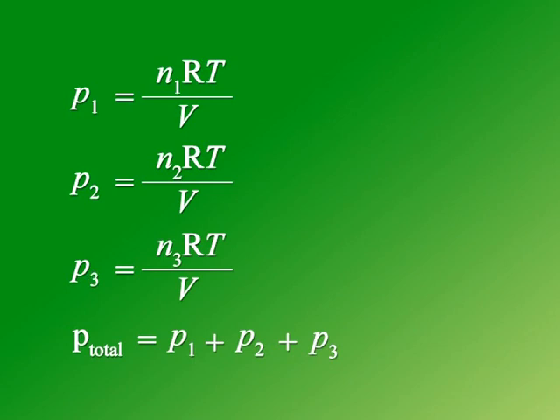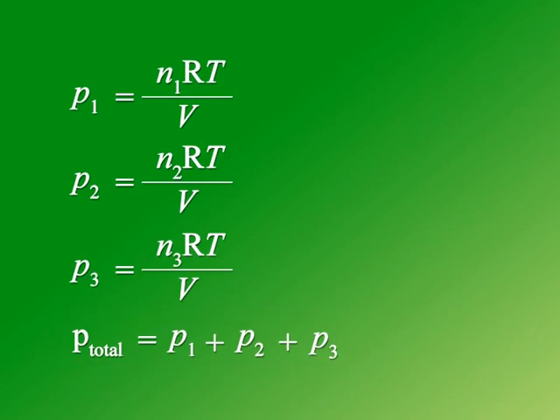According to the ideal gas equation, partial pressure of gas 1 is given by P1 is equal to N1 multiplied by R multiplied by T divided by V. Partial pressure of gas 2 is given by P2 is equal to N2 multiplied by R multiplied by T divided by V. Partial pressure of gas 3 is given by P3 is equal to N3 multiplied by R multiplied by T divided by V. Thus, total pressure is equal to the sum of partial pressures of three non-reacting gases.